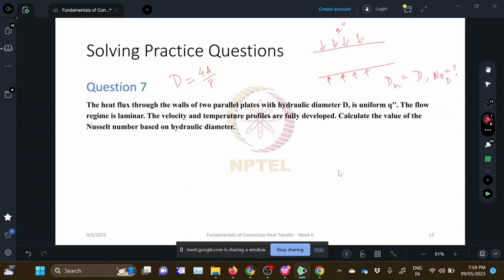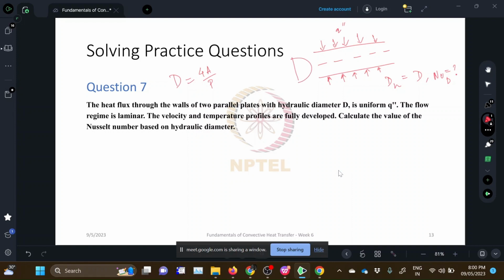You don't have to solve for this. This was solved in class. You can, I guess, go back and try to recapitulate what was the answer there. Understanding the case is important. The case is this one, where we have a uniform heat flux condition and a fully developed flow.